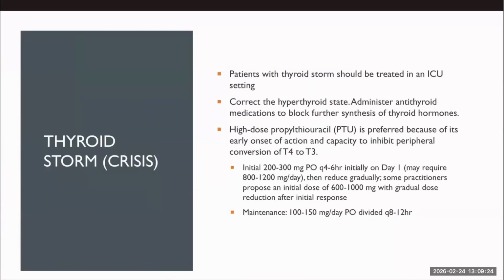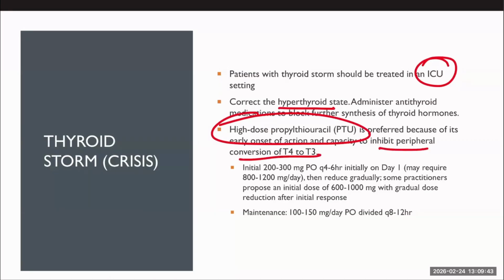So if they have thyroid storm and they come into the ED, they go to the ICU, and you correct that hyperthyroid state. So you give them those anti-thyroid medications. High dose PTU is preferred in this case because of its early onset, and it inhibits peripheral conversion of T4 to T3.